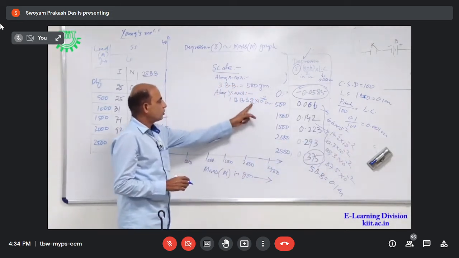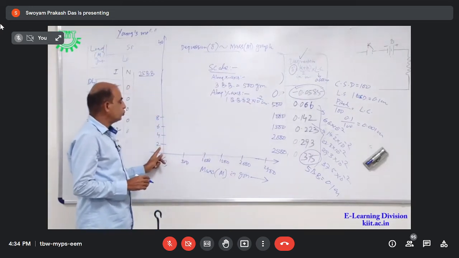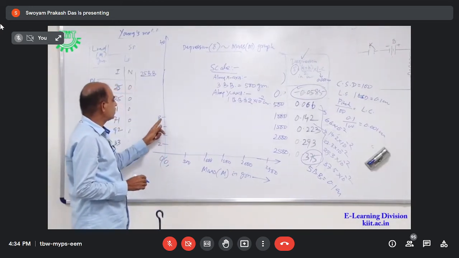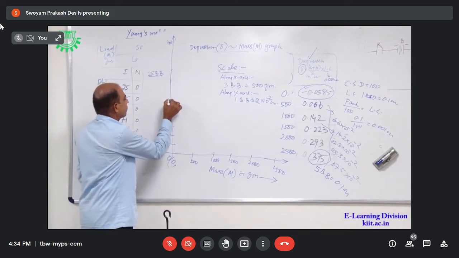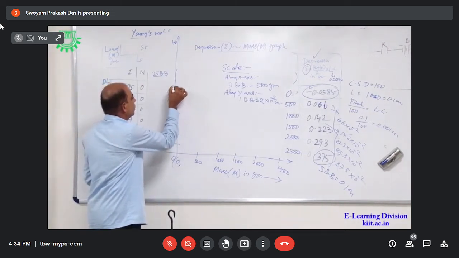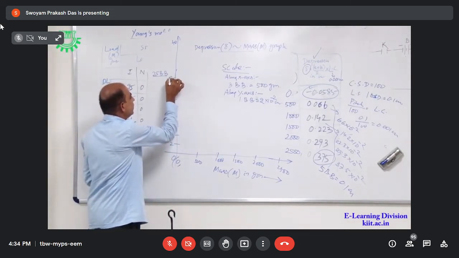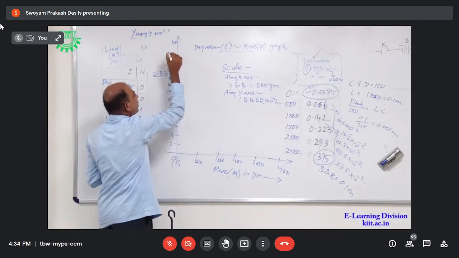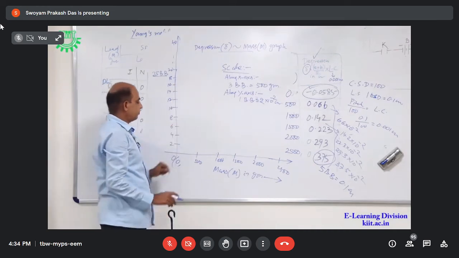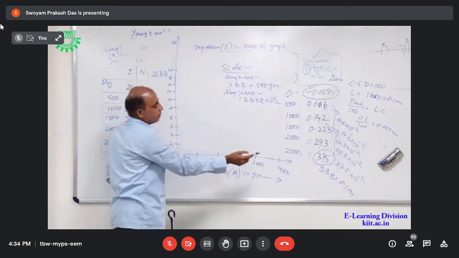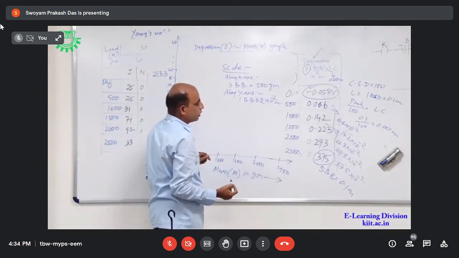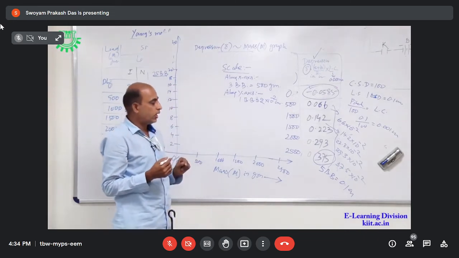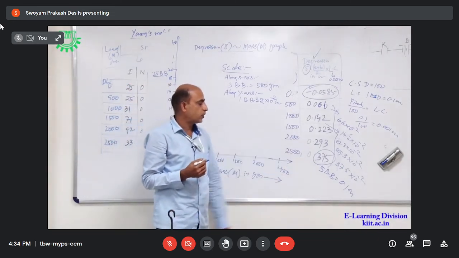So one big box is 2, then 2, 4, 6, 8, 10, 12, 14, 16, 18, 20. In this way it will go up to 40, because 37.5 is the maximum value. So it will be easier and more accurate.